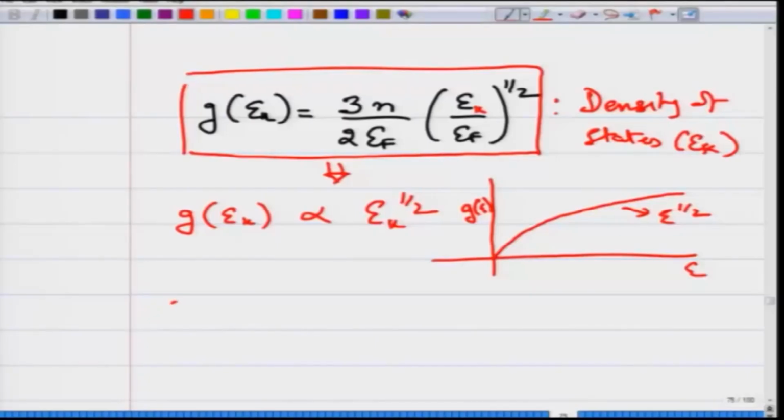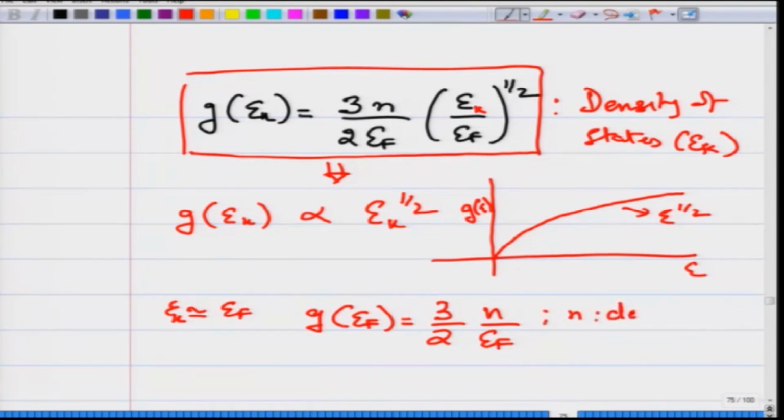So, if your energy E_k is close to E_f, then the density of states at E_f is 3 by 2 n by E_f, where n is the density of electrons in the solid and E_f is the Fermi energy.